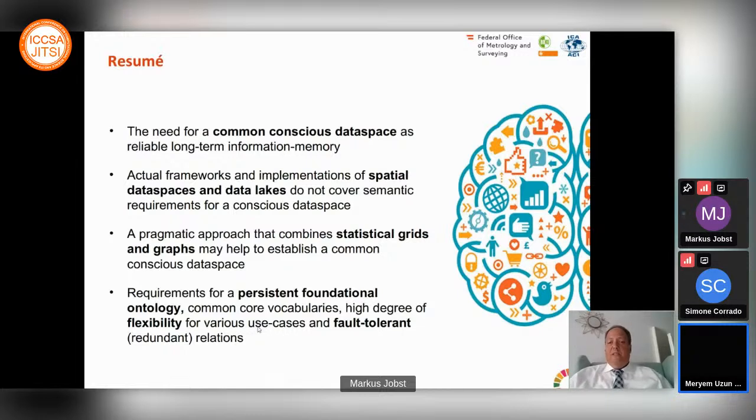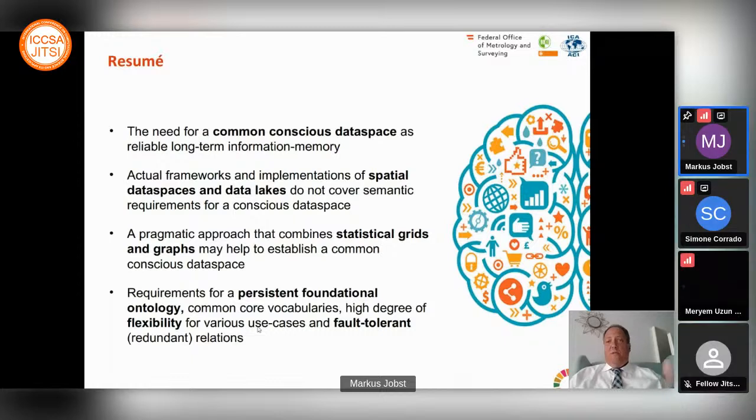So we need the semantic add-on, the semantic grid, maybe in the backend. It's very pragmatic to introduce a statistical grid and combine it with graphs. And it was working for us. And it needs further investigation if it's really working for a wider audience and more use cases.